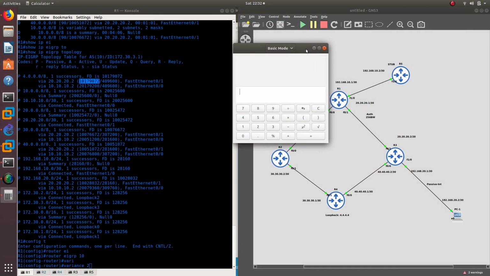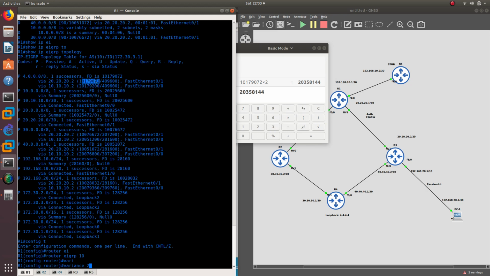So let's say that the feasible distance, the FD right here, is equal to 1017 9072. When I do this variance 2 command, it's going to multiply by 2. So the feasible distance is going to become 2035 8144, and 2035 8144 is going to be higher than this one over here.